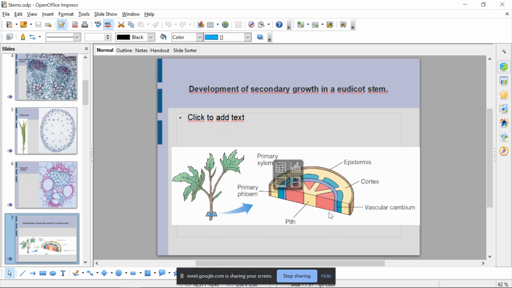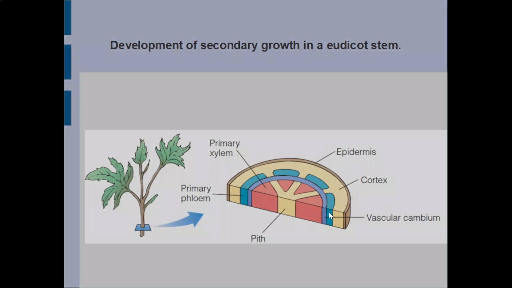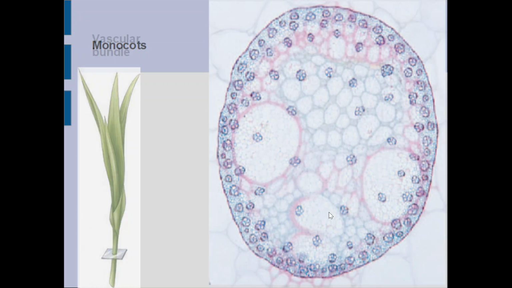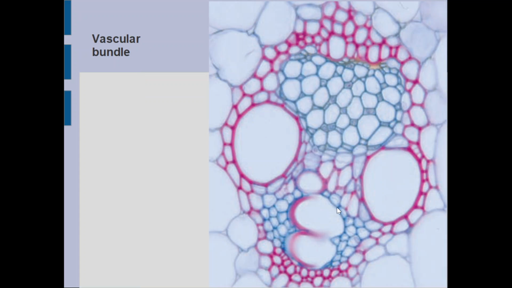And this alien face is actually here. It is a phloem, and this is a xylem. This is a xylem, and then this is the air space, and here the bundle sheath.